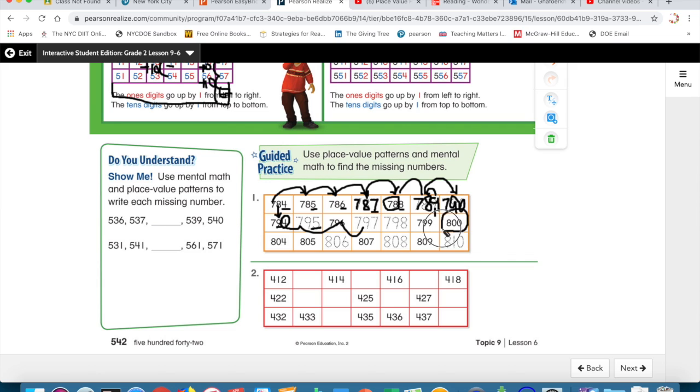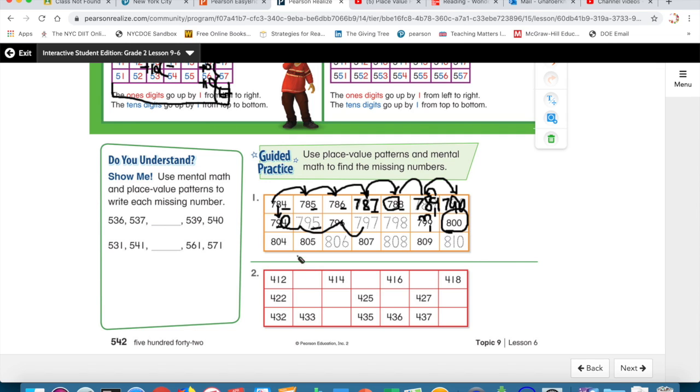Why do you think we're at 800 here? Right, because 799, when I add a 1 to my ones place, this becomes a 10. I take that 10 and I move it over here, and this becomes a 10. So then I take that 10 and I have to move it over here now, right? Because 10 tens is 100. I have to move that 100 here, so now it becomes 800.